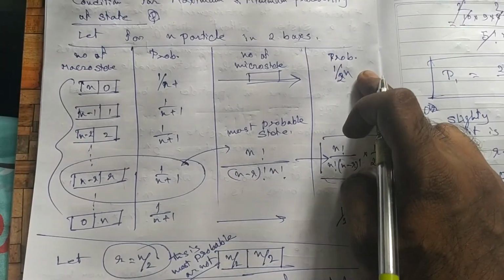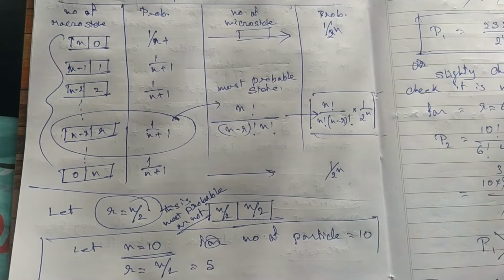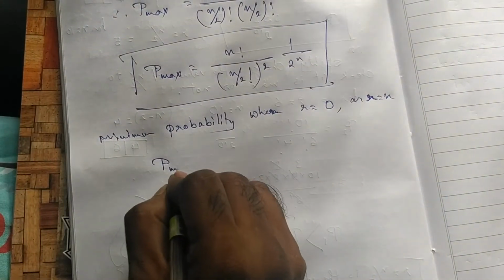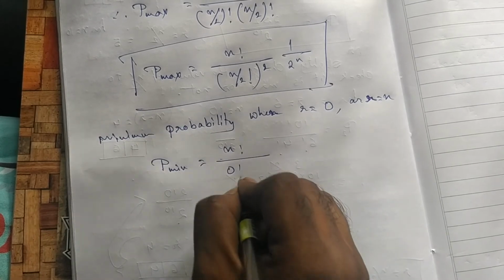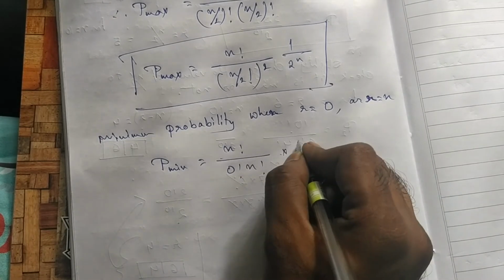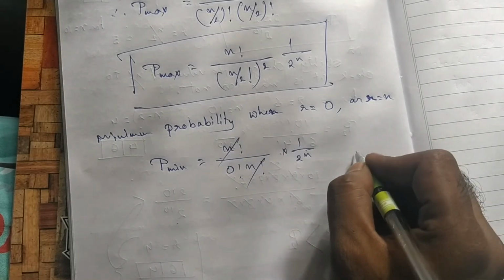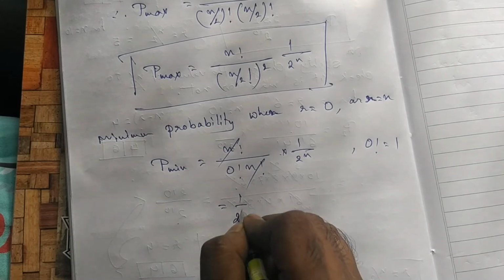These are the extreme cases. So P minimum is n factorial divided by 0 factorial times n factorial, into 1 by 2 to the power n. This one is cancelled out. We know that 0 factorial is equal to 1. The minimum probability is 1 by 2 to the power n.